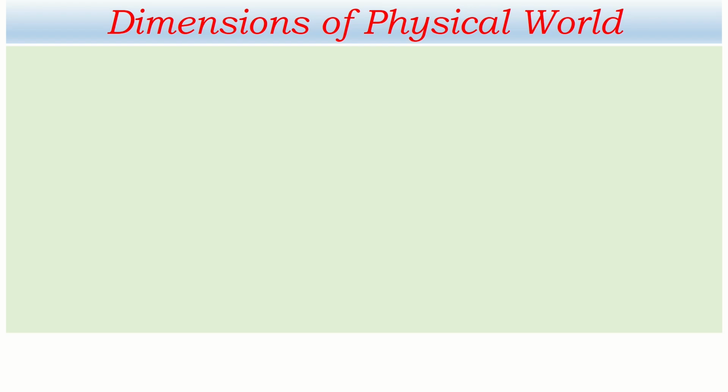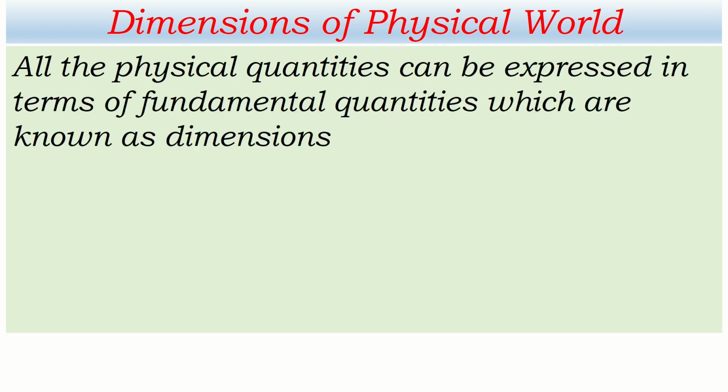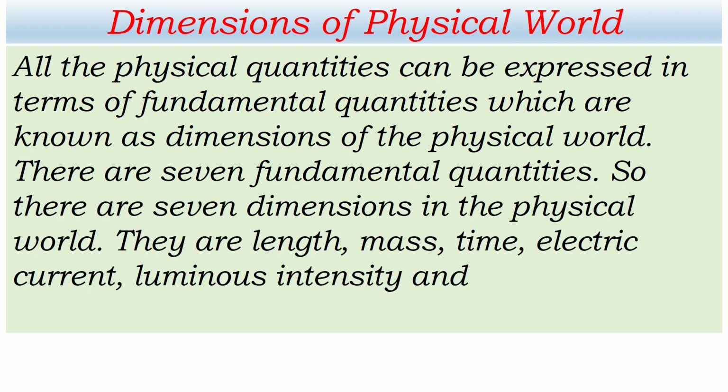Dimensions of the physical world. Actually there are 7 dimensions. All the physical quantities can be expressed in terms of fundamental quantities, which are known as dimensions of the physical world. There are 7 fundamental quantities, so there are 7 dimensions in the physical world. They are length, mass, time, electric current, luminous intensity and amount of substance.